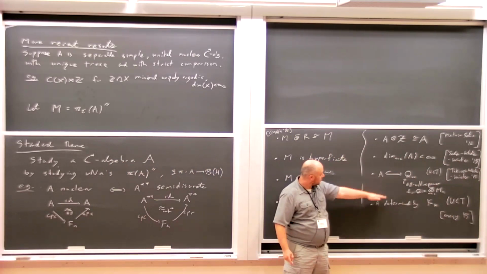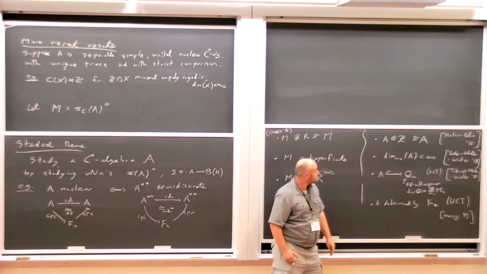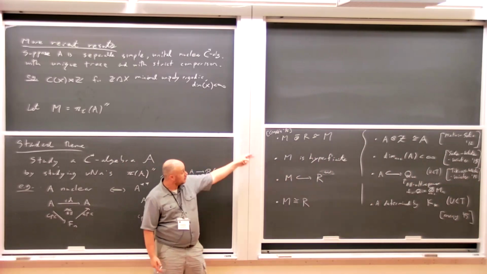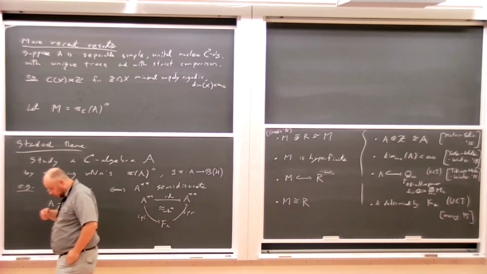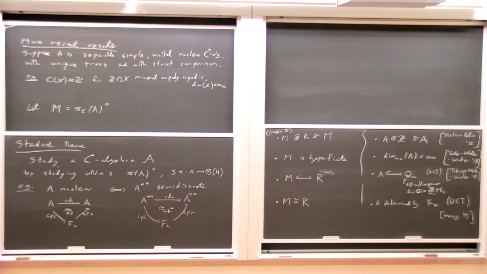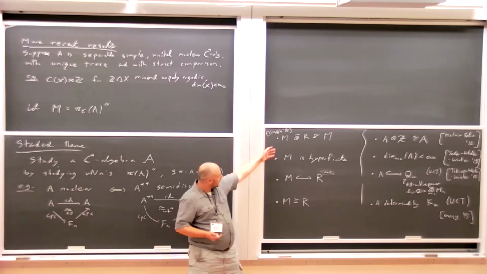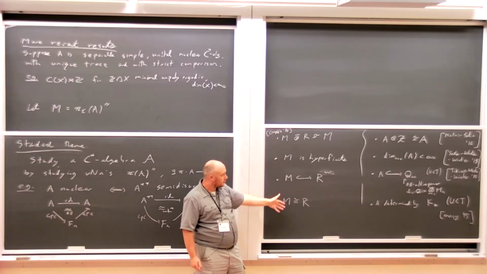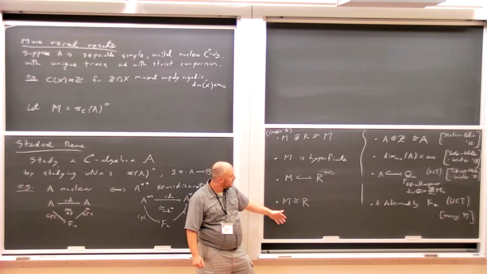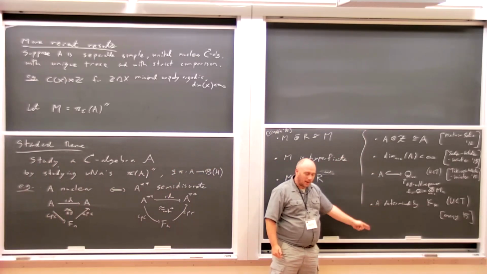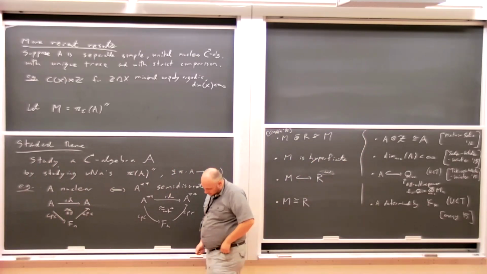So every result on the C-star algebra side makes heavy use of the analogous result on the von Neumann algebra side. A lot of these come down to, on the left-hand side, all these are approximation properties with respect to the 2-norm coming from the trace. Here they satisfy analogous approximation properties with respect to the operator norm.